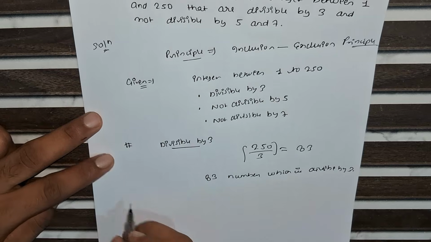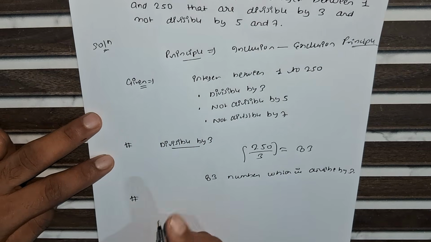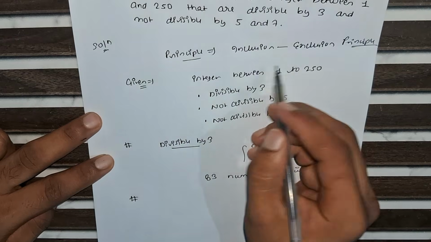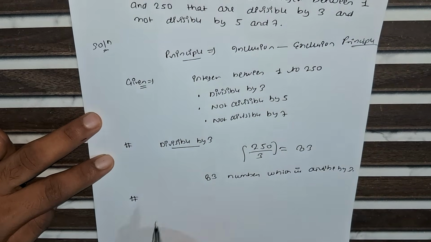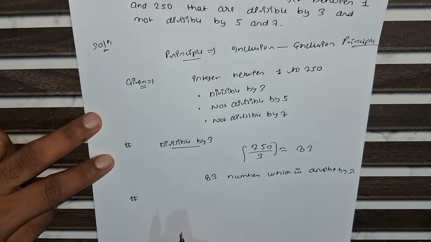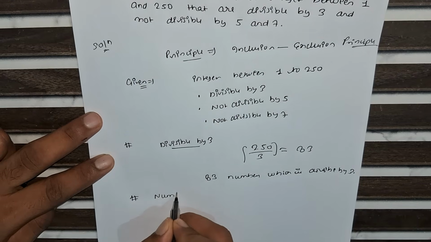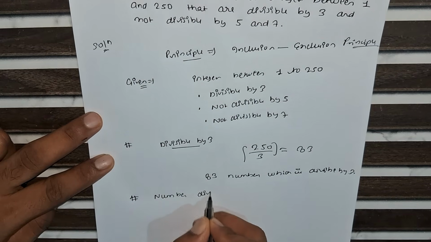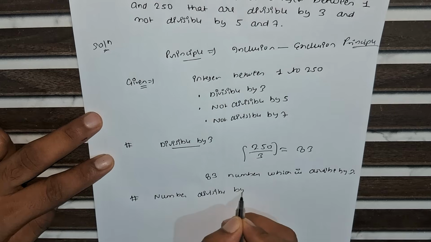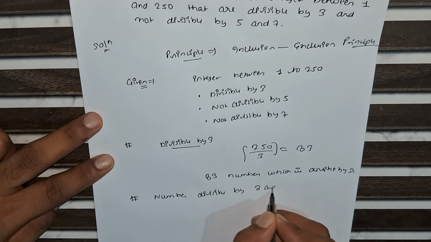Now move to our second part, where we are solving this question with the help of the inclusion and exclusion principle. So in the second step, we have to find the numbers divisible by 3 and 5.